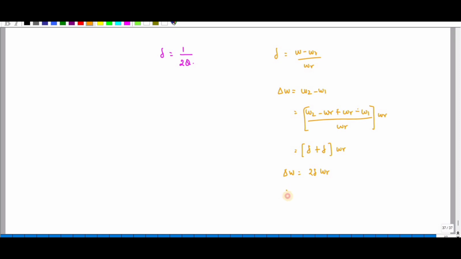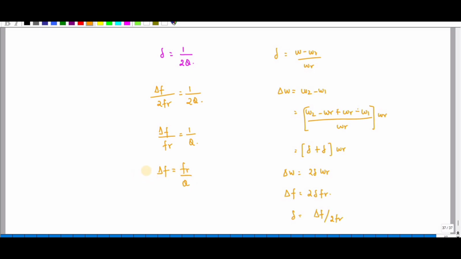I can write this as del f, 2 del omega r. So from this I can write what is my del? Del is equal to del f divided by 2 fr. So you substitute here, del f divided by 2 fr is equal to 1 divided by 2Q. So this I can write as del f divided by fr is equal to 1 divided by Q. Okay. So del f is equal to fr by Q.